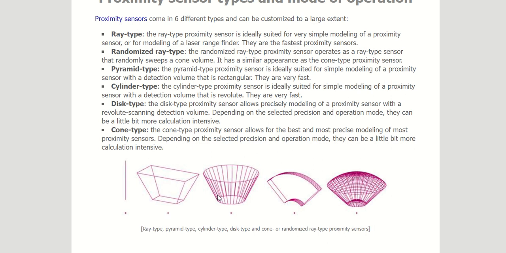It allows for the best and most precise modeling of most proximity sensors, and it depends on the selected precision and operation mode as well. So the cone type can be very calculation intensive, and the randomized ray type looks just like this cone type, right? By the way, this is the disk type.